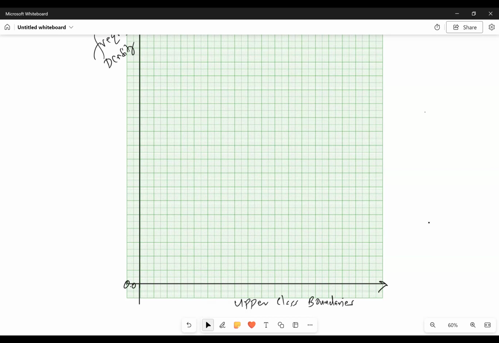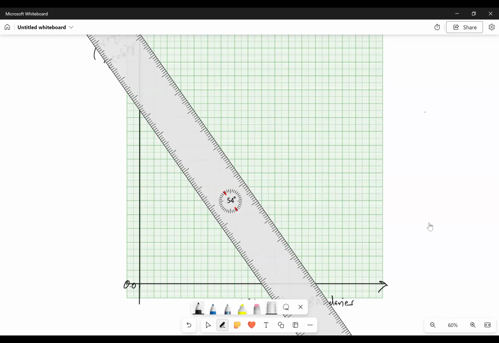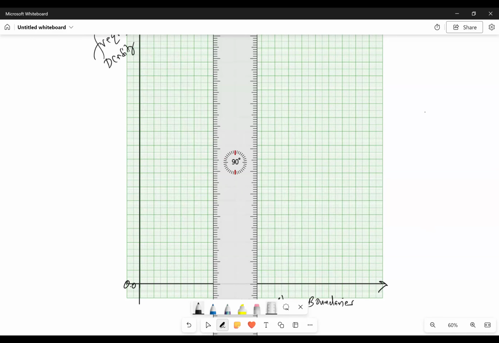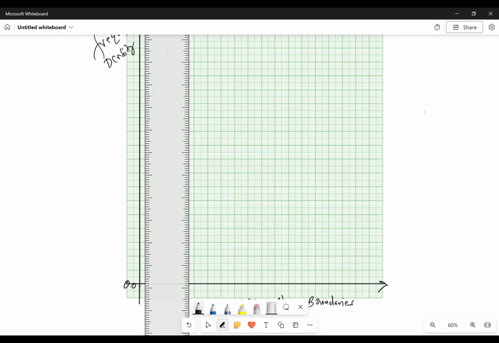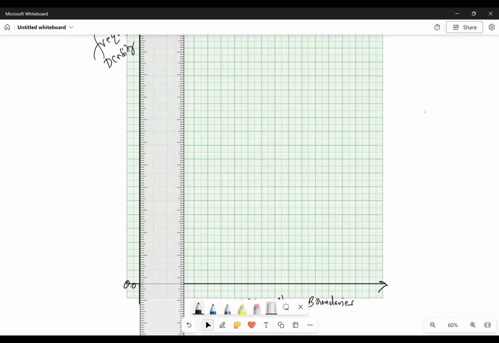This one shall start from the appropriate boundary. I don't know how many centimeters these would be. Let me get my meter rule here and see how many centimeters these are.